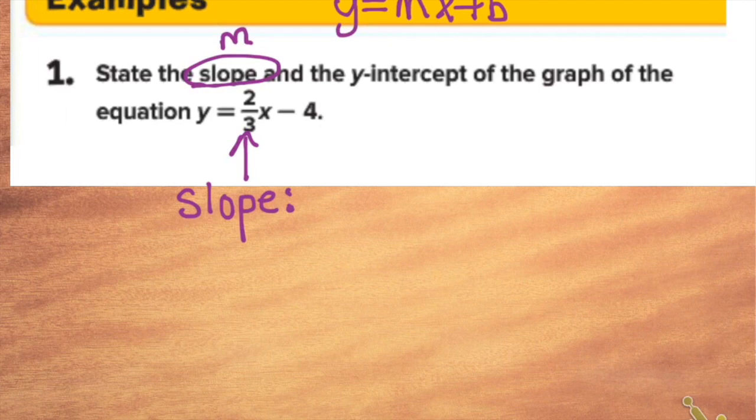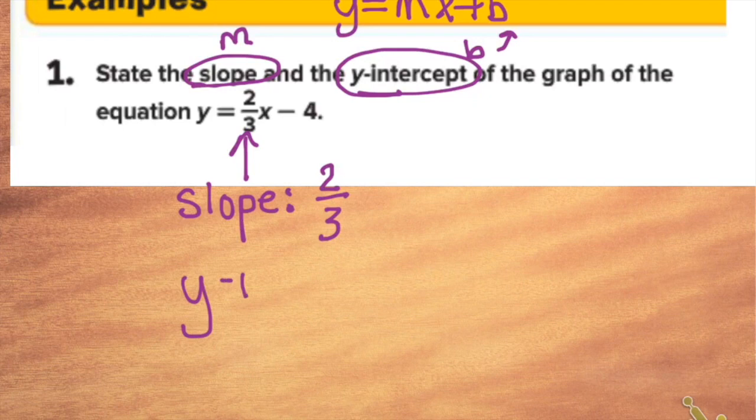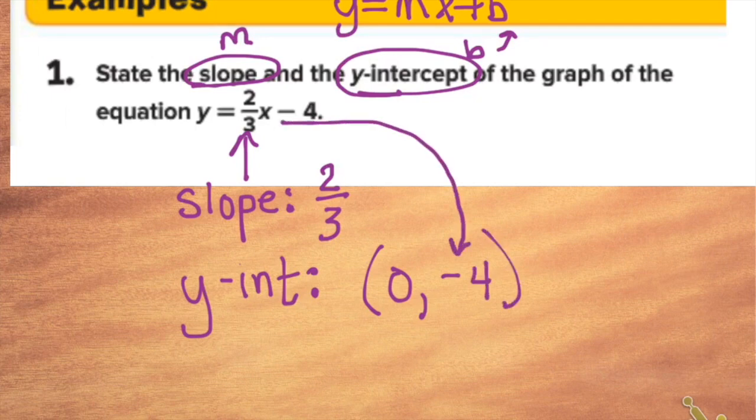And so the slope should be 2/3, and then we're looking at the y-intercept, and we know that the y-intercept is your b value, and so the y-intercept should be (0, -4). And again, we're getting that negative because it's plus b, but we have a minus there that tells us the point is negative.